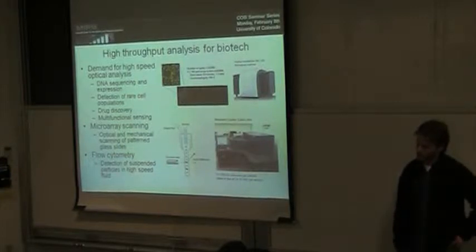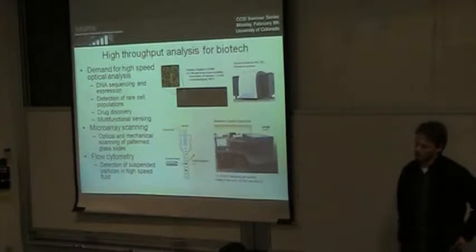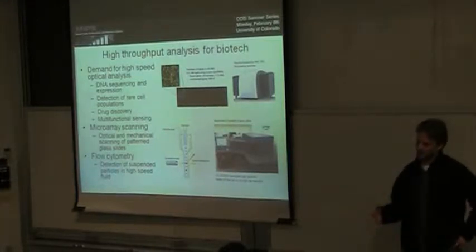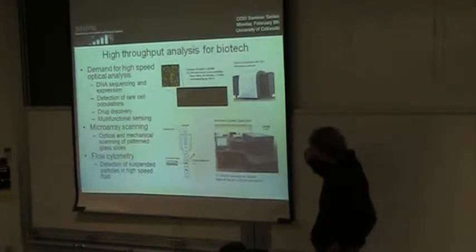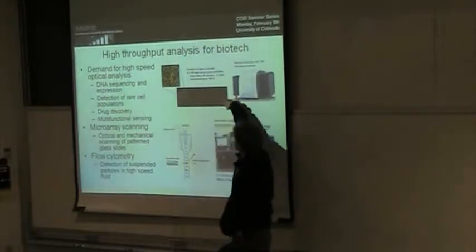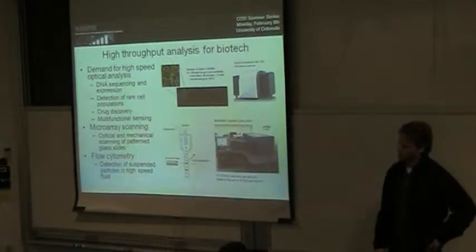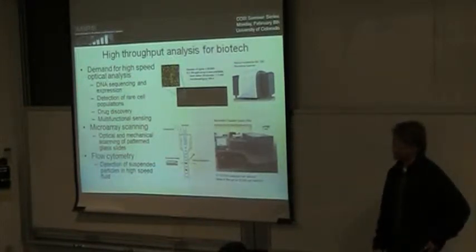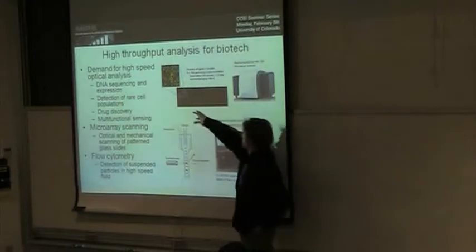Both are very successful. They perform slightly different functions, but they're both able to measure a large number of different samples fairly quickly. One of them is a microarray scanner. This is just a microscope slide, like 3 inches by 1 inch. You can print different samples onto them, different sequences of DNA for example, with which to measure your sample against. Then you read out the fluorescence that occurs on this microarray.